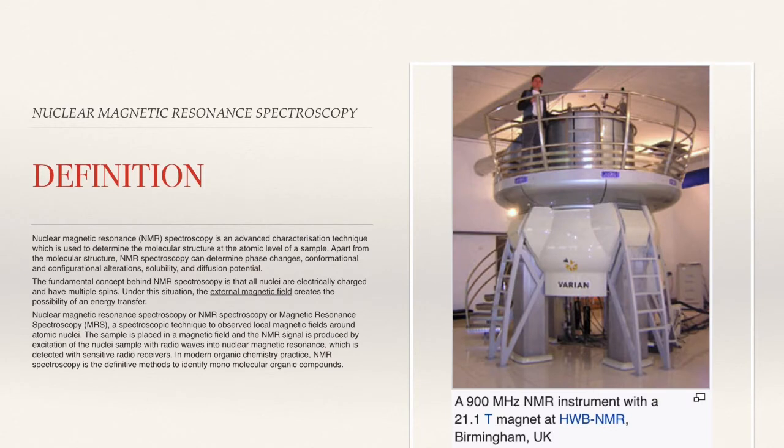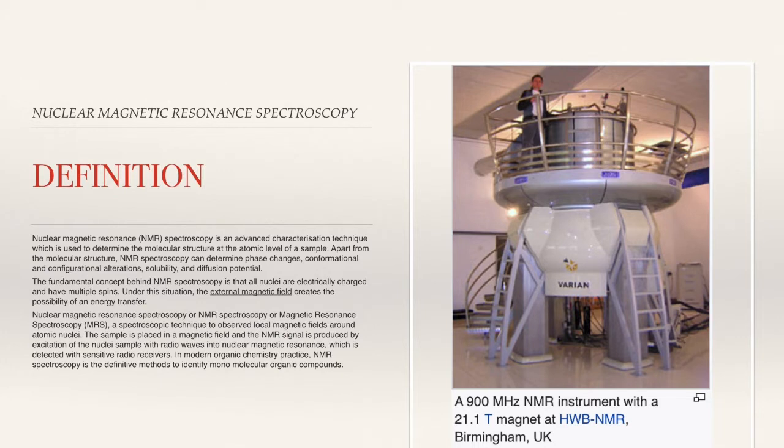The very first slide has the definition of nuclear magnetic resonance spectroscopy. Nuclear magnetic resonance, or NMR spectroscopy, is an advanced characterization technique used to determine the molecular structure at the atomic level of a sample.